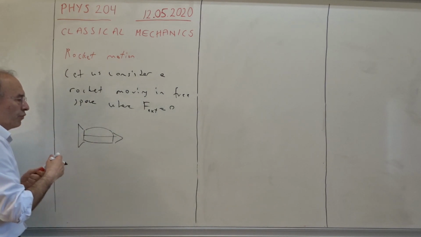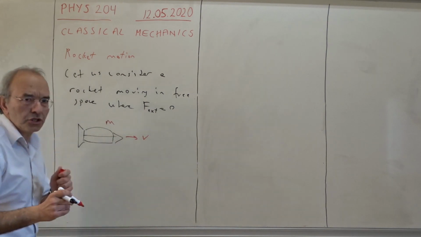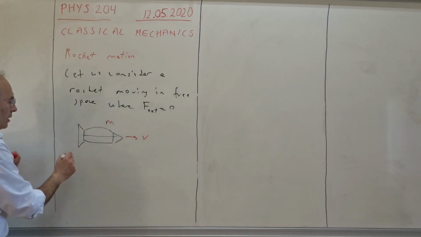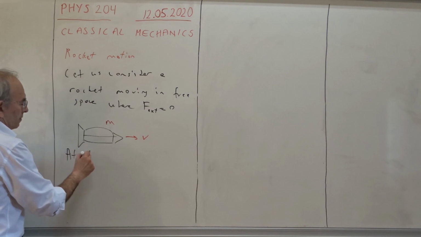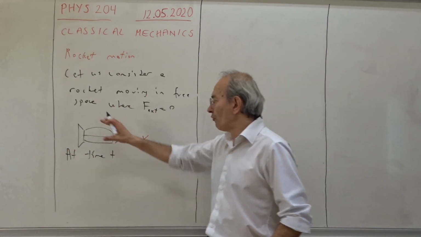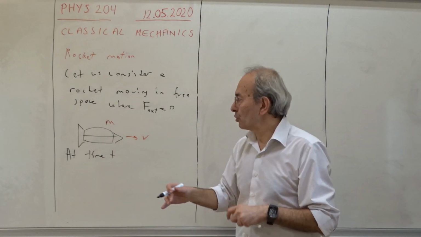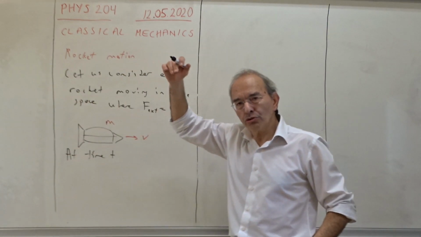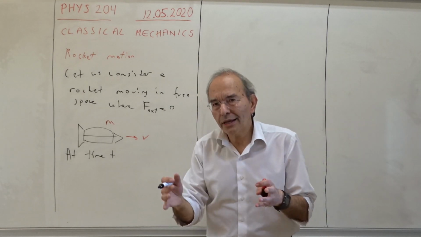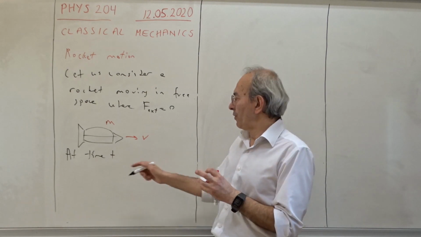So this is the rocket of mass m, moving, not initially, but at some time t. At time t we have a rocket of total mass m together with the fuel still inside, because until its launch from the ground some time has already elapsed, and there is no force acting on the system right now at time t.